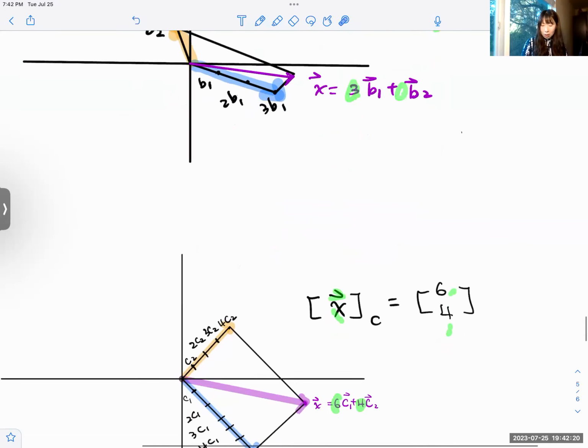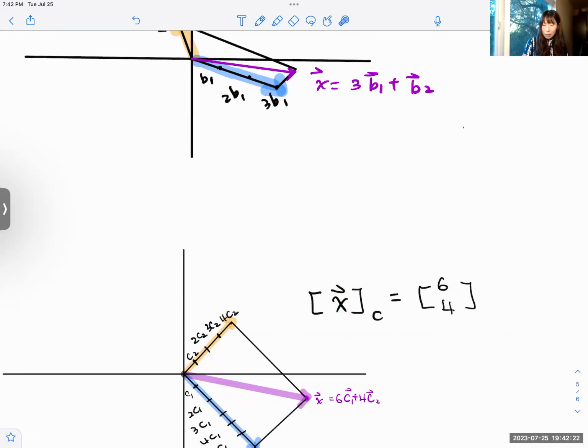But look, the point is, even though this is the C coordinate and this is the base B coordinate, and the numbers are different, they have the same position, same spot. Can you see that? Okay, if they have the same spot, right? So we can change the basis easily, right? Okay, so we're going to learn how to change the basis, all right?